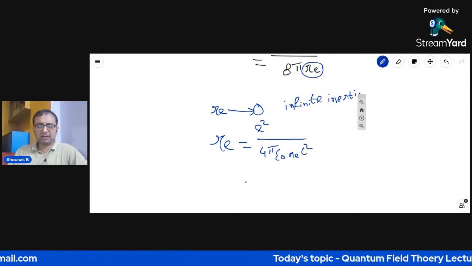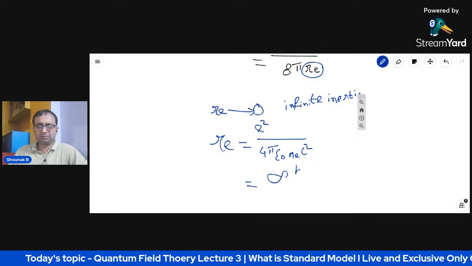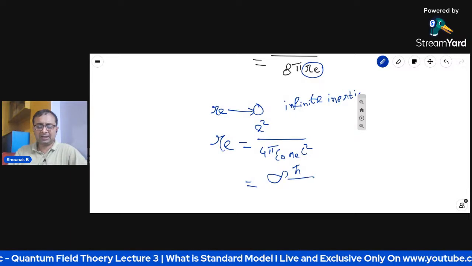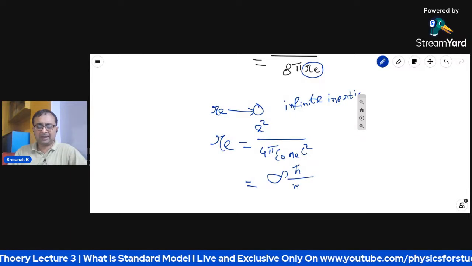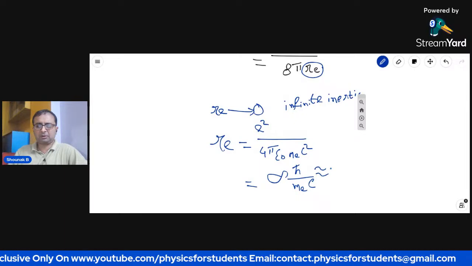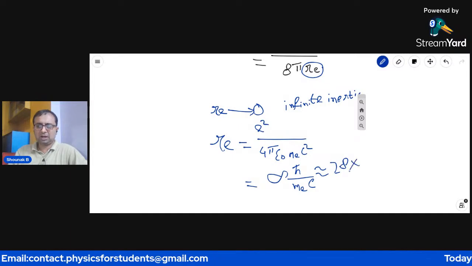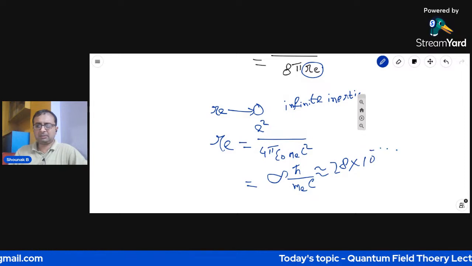And this would be somehow proportional to h bar over m_e c. And this would be approximately equal to 2.8 times 10 to the power minus something.